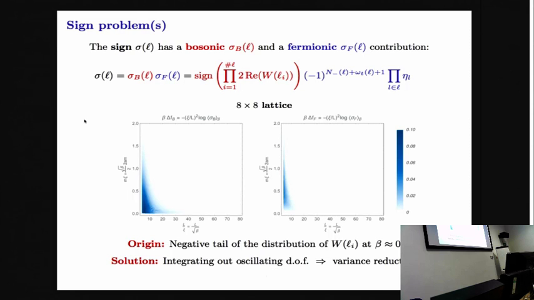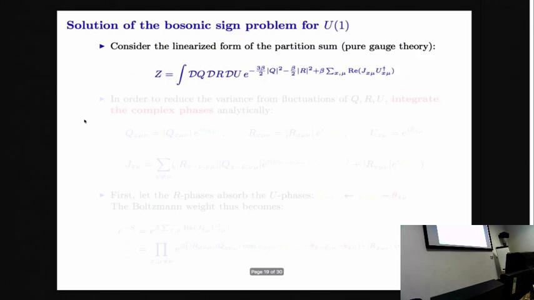In this particular case, the sign problem shows up in this corner because you have these Wilson loops, and for small beta the expectation values are very close to zero, so they have a tail into negative values, and this gives you some negative configurations here. The solution to this sign problem would be, again, to try to integrate out these oscillating bosonic degrees of freedom, in order to get some reduction in invariance.